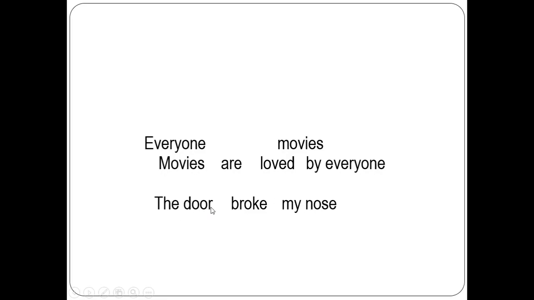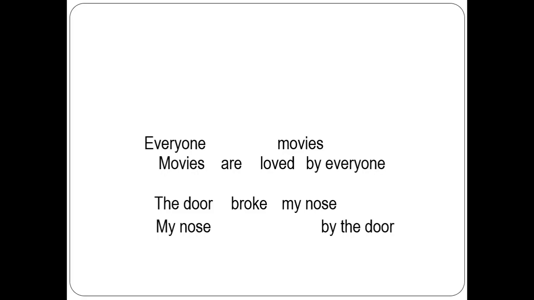It just reflects the positioning of a certain element in a sentence. So you will know that the subject is in the front and the object is at the back for the English language. And in the passive voice, for example, my nose is going to go into the front. This now becomes the superficial subject. And the door, again preceded by the preposition by, by the door, becomes the superficial object.